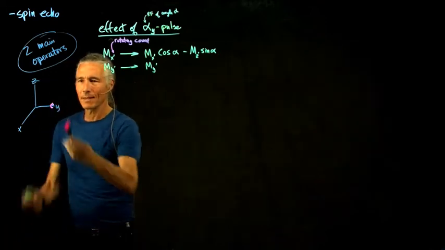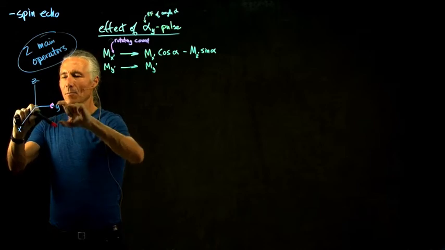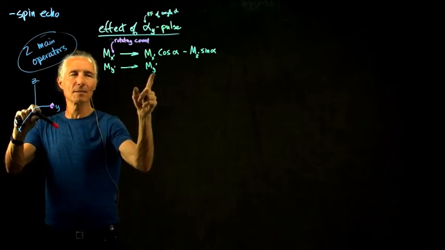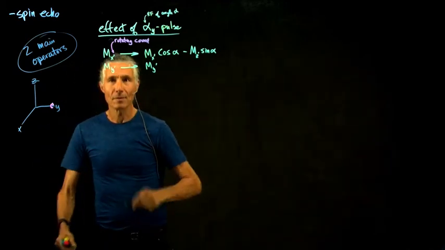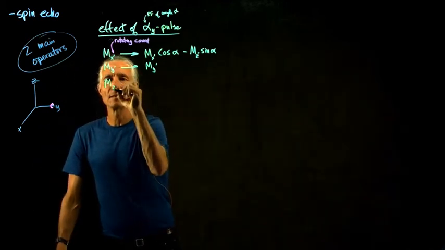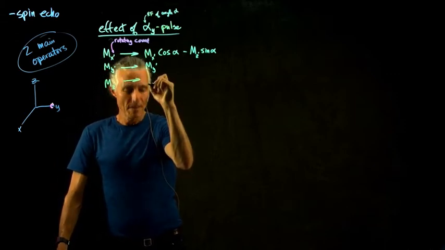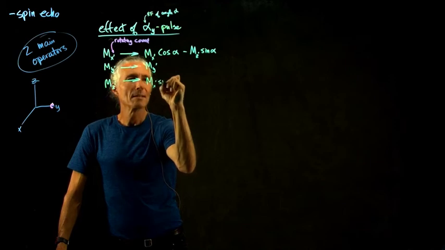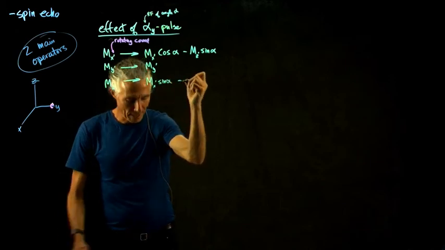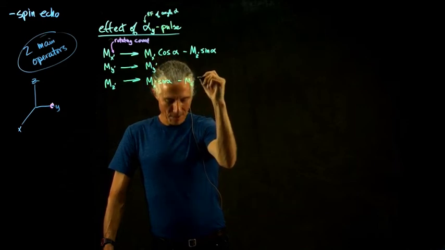If it was pointing up here and we flipped it around the y, its projection onto the y wouldn't change. The z component does change. So here's the z prime component: the x component times the sine of the angle minus the z component times the cosine.